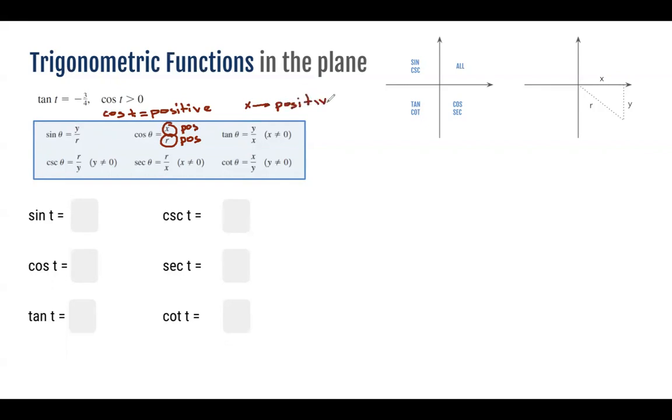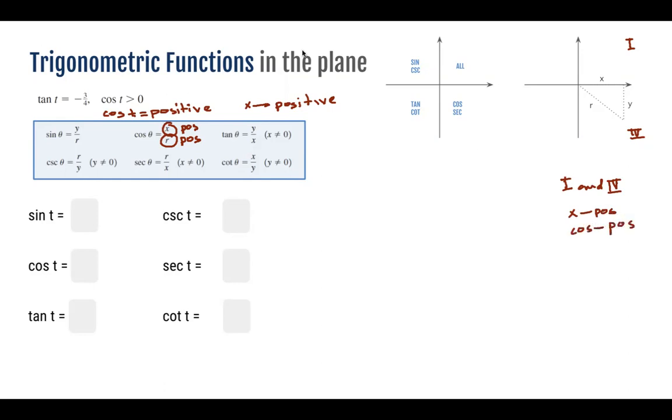And what are the possibilities? Well, x is positive in quadrant number 1 and quadrant number 4. So those are the quadrants where x will be positive, and consequently cosine is positive as well.